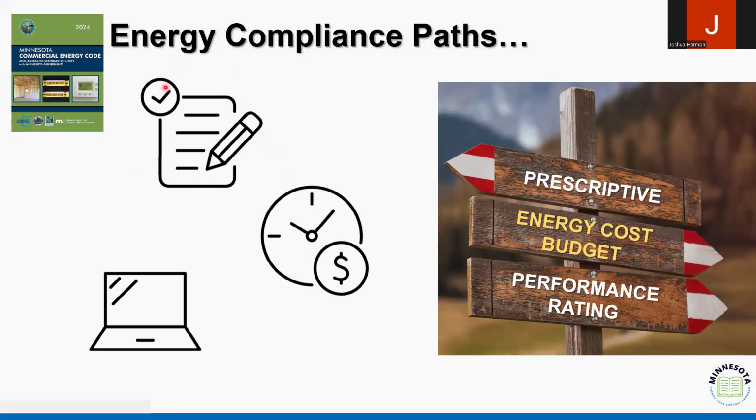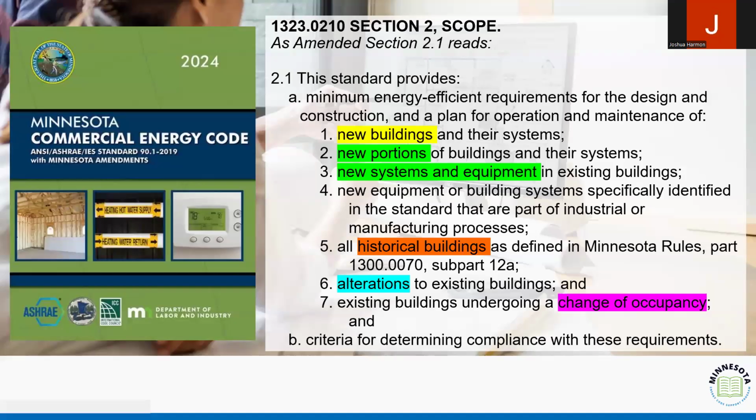Now, we know that when we say prescriptive, that means I'm going to follow one of two options, right? Now, I want to take just a quick second to remind us that the code says that these types of building projects have to comply with the energy code. If we're doing a new building, this is my duh moment, right? Yep, new building has to follow the energy code.